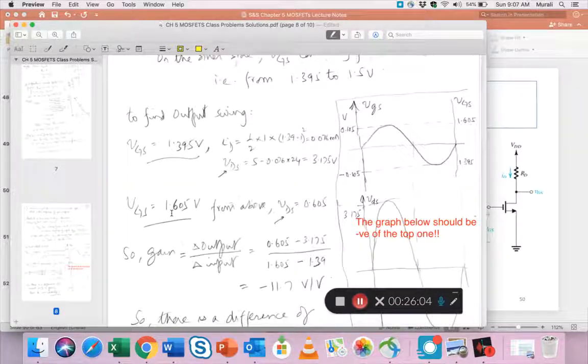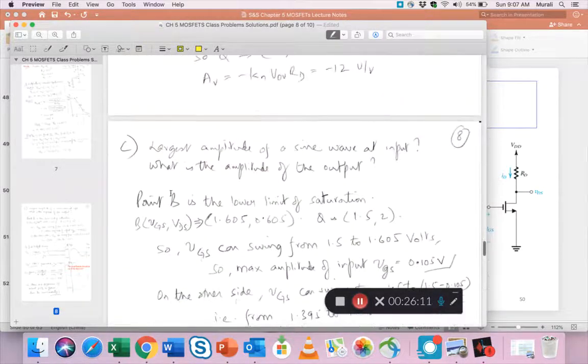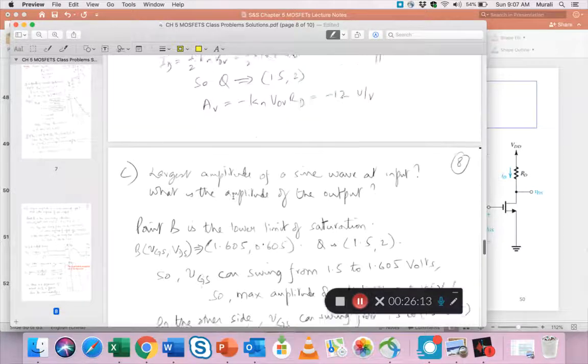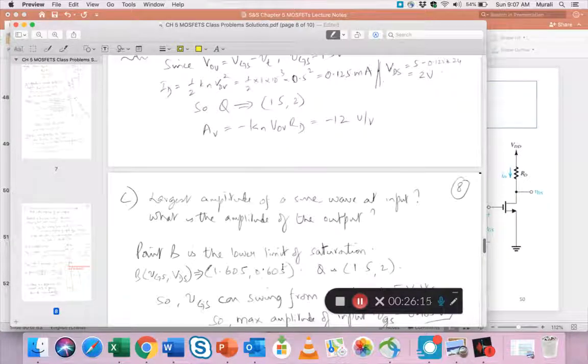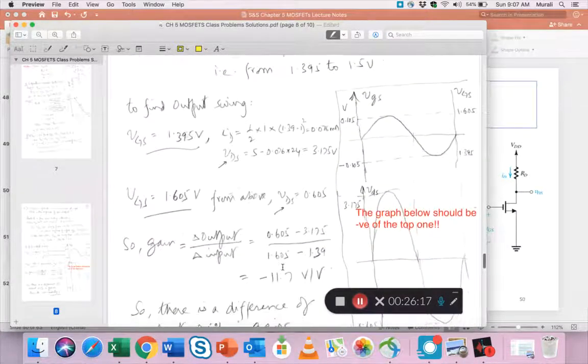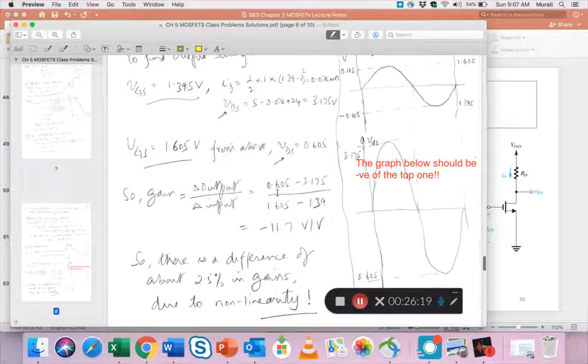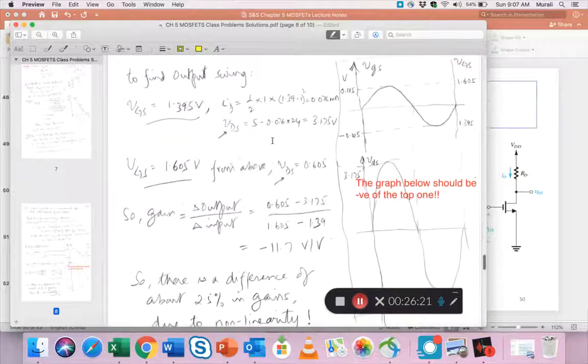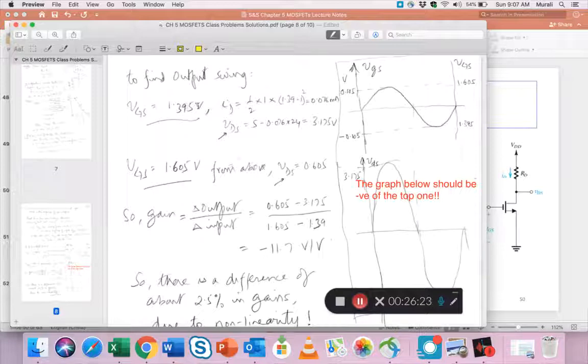And the other point, the B point, which is the lower limit, we already know what the VDS is, so there I didn't calculate. So just calculating for the lower point of the VGS gives me the high point of the VDS as 3.175, this top point.